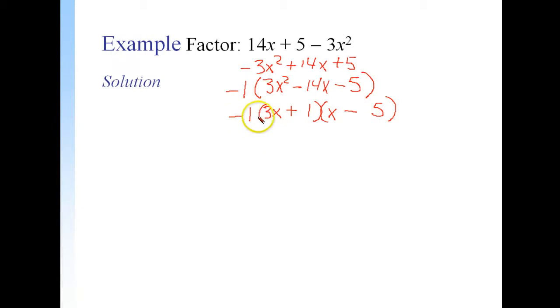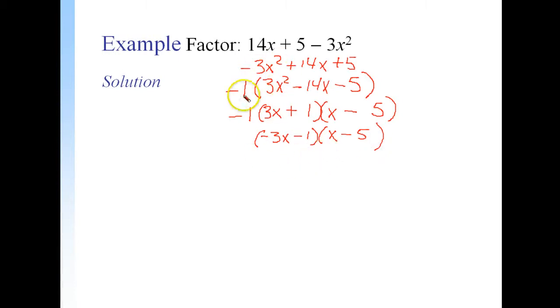Now, what we can do, so we don't have to write that negative all the time, is just multiply these two terms by this negative. By the way, I would accept that on a test, but you could write this as a negative 3x and a negative 1. This one doesn't change. And that's the answer.